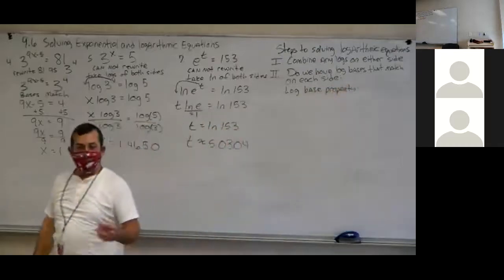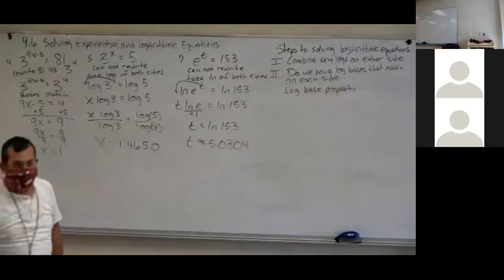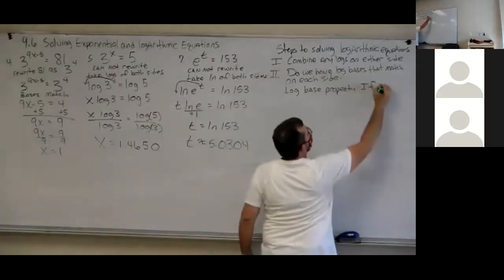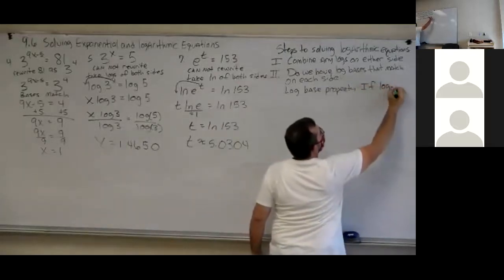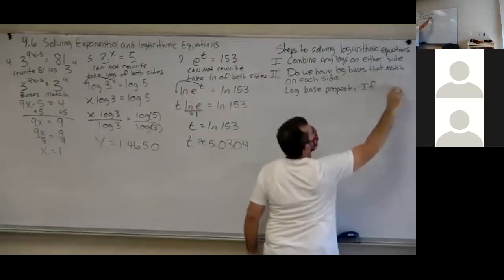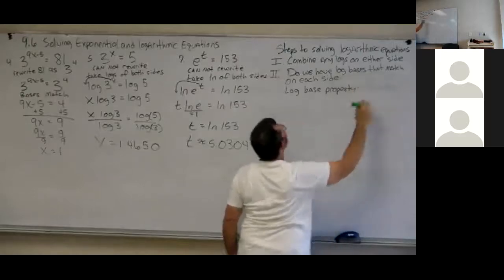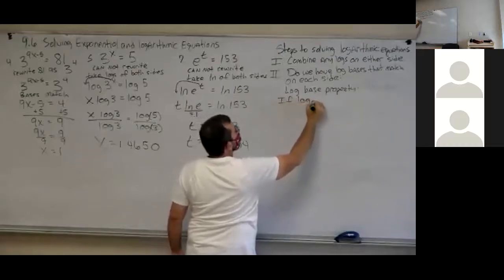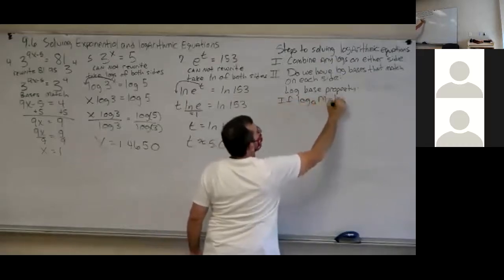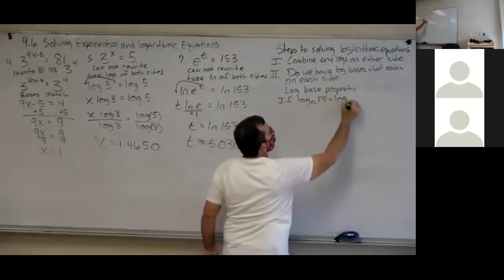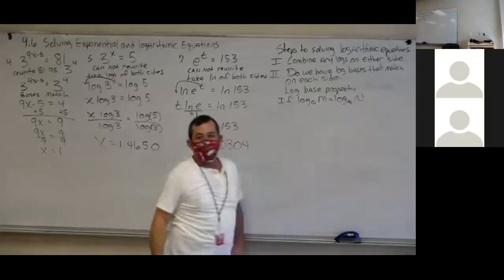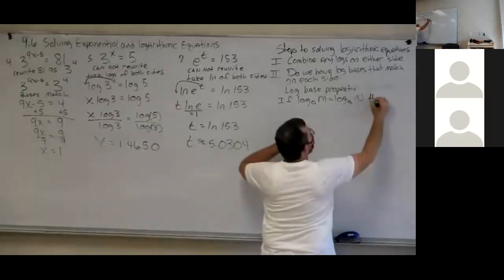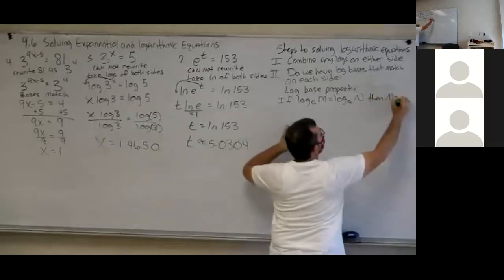And it's sort of like the exponential base property I did a while ago, which says if log base A of m equals log base A of n, so if the logs match on each side, then m will equal n.